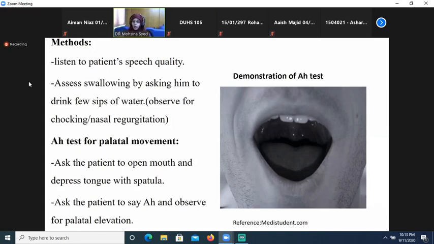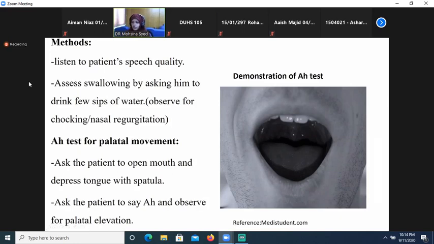Now, after swallowing, we will perform our test for the palatal movement. We ask the patient to open the mouth and look for the position of the uvula. Here, the uvula should be central. We look for the position of the uvula and the palate, and we also take a spatula and depress the tongue and ask the patient to say ah and then observe for the palatal elevation.